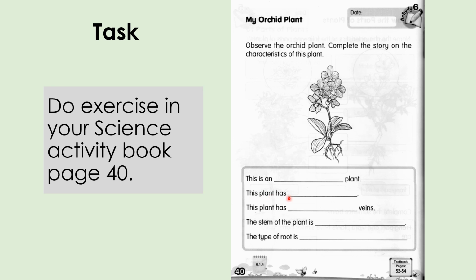This plant has what veins? The stem of the plant is what? Look at the stem. What type of stem? Then the type of root is, then you have to write in the space provided here based on the characteristic of this plant.